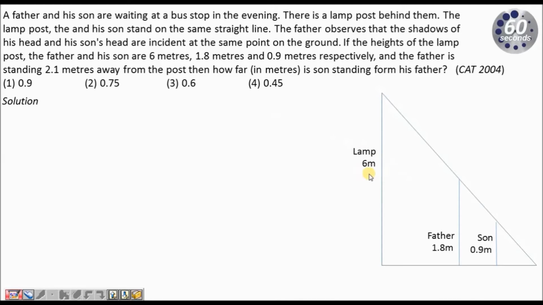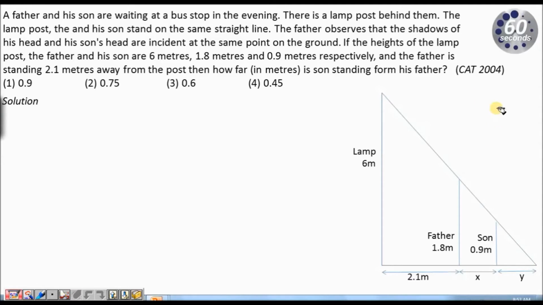So the height of the lamppost is 6 meters, height of the father is 1.8 meters, and height of the son is 0.9 meters. Also it is given that the father is standing at a distance of 2.1 meters away. We don't know the distance between the father and the son, or the son and the point of incidence of the shadow. So let them be x and y.